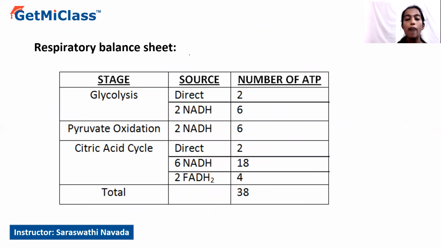So this is for aerobic respiration. We are going to calculate the respiratory balance sheet, which gives an account of the number of ATP produced. In glycolysis, directly 2 ATP molecules are produced, which is the net gain of ATP in glycolysis. In addition, at the end of glycolysis, 2 NADH molecules are produced.